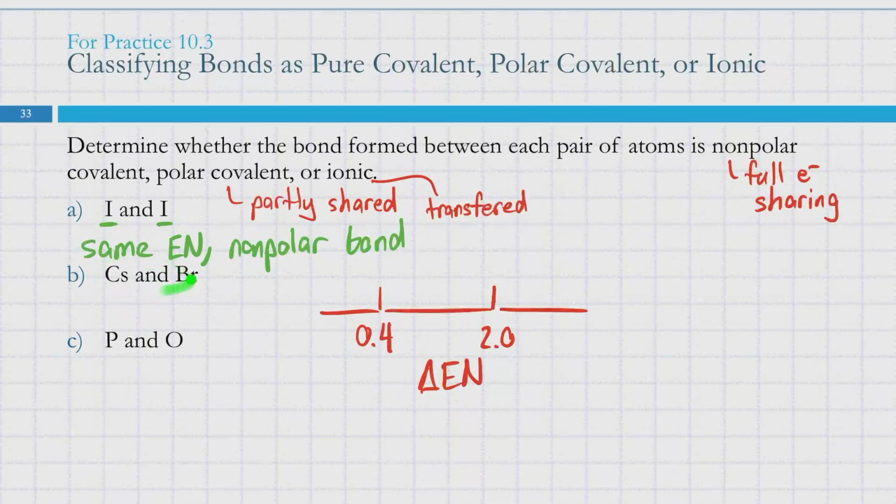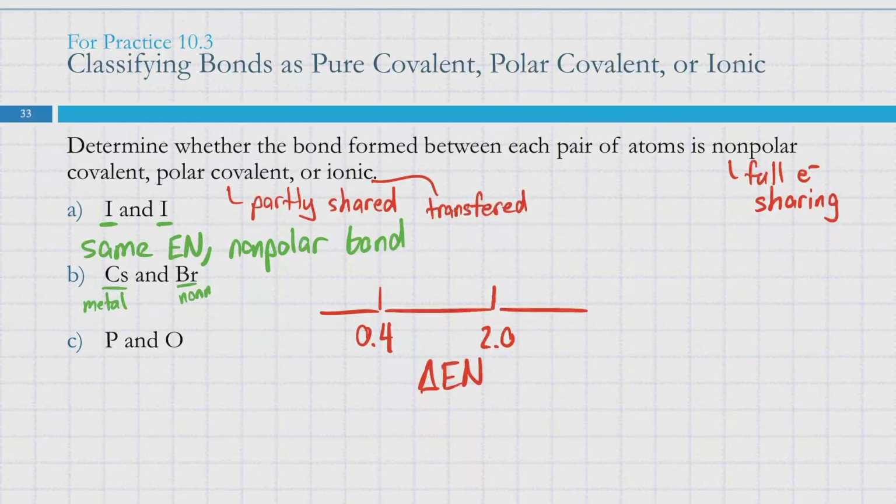What's the case going to be for cesium and bromine? Are those going to have similar or different electronegativities? Cesium's all the way on the left side, bromine's all the way on the right side. Different. Are they going to be different enough that we would call it ionic? Probably. Another way that we could figure out that it's an ionic bond is what's an ionic compound made of? A metal and a nonmetal. Cesium is a metal.